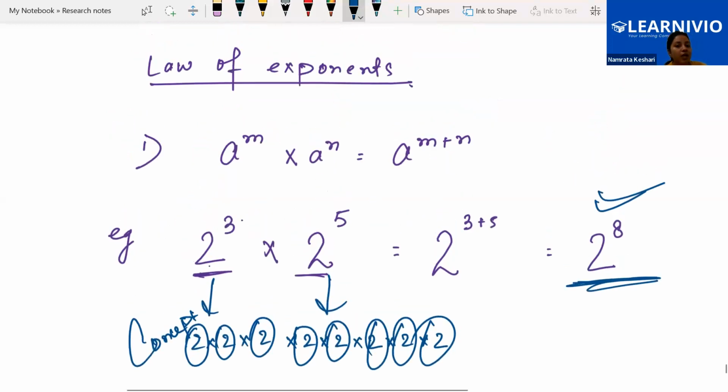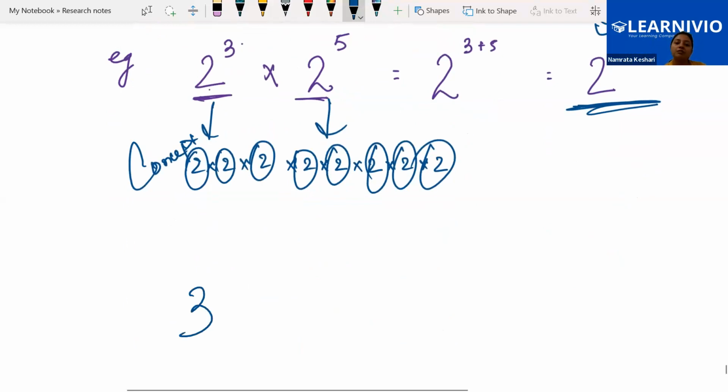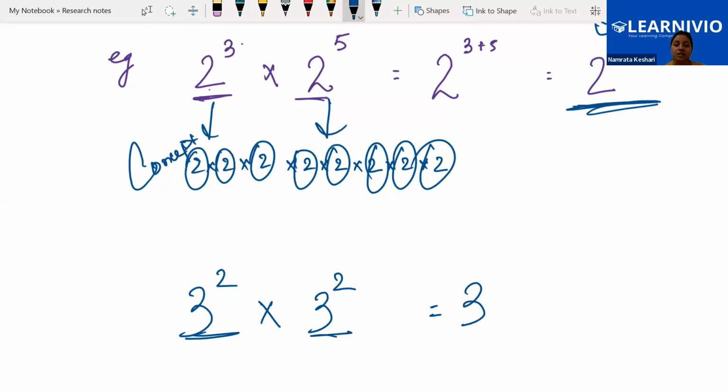The formula says that whenever there is a multiplication between the same bases, powers can be same, can be different, doesn't matter. If we are having 3 to the power 2 into 3 to the power 2, still I would add the powers because the bases are the same. It will be 3 to the power 2 plus 2, that is 3 to the power 4.